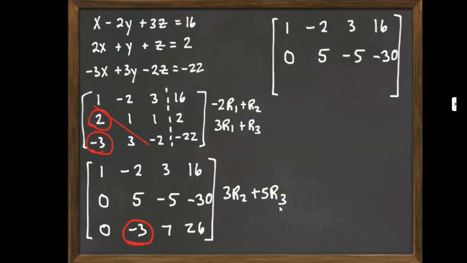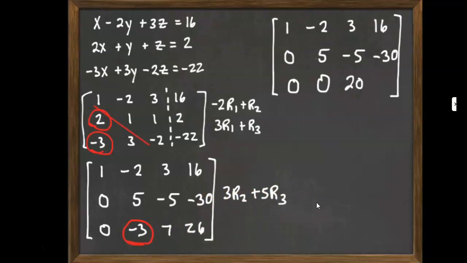So I'll go ahead and write down rows 1 and 2 again, because they're not going to change this time. And then we carry through our arithmetic. 3 times 5 is 15. 5 and negative 3 is negative 15. So, of course, those 0 out just like we want. Of course, 0 and 0 is also 0. And then we do the arithmetic here. 3 times minus 5 will be minus 15. 5 times 7 will be 35.